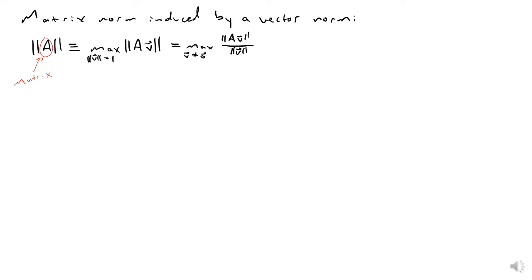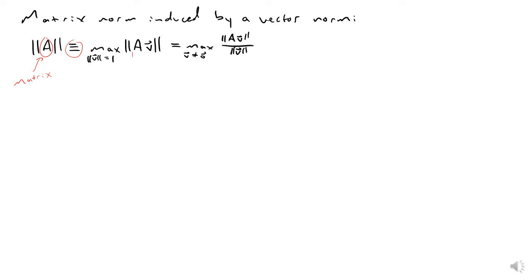What we're doing here, though, is specifically looking at the norm of a matrix that's induced by what we already know about vector norms. In other words, we're defining our matrix norm in terms of norms of vectors. Notice this little triple equal sign is basically saying that this is how we're defining our matrix norm. So our matrix norm, we're going to define it to be the max of the norm of these vectors.